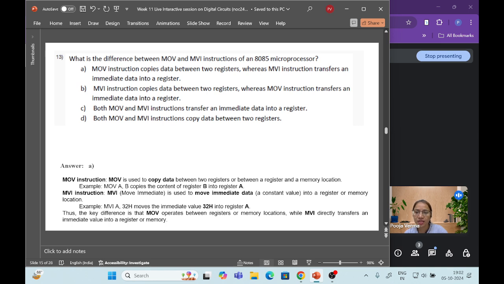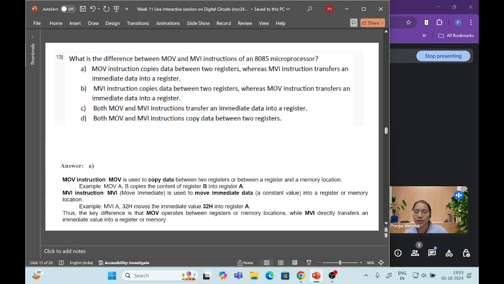Option B is MVI instruction copies data between two registers, whereas MOV instruction transfers immediate data into a register. Option C is both MOV and MVI instructions transfer immediate data into a register, and option D is both MOV and MVI instructions copy data between two registers.